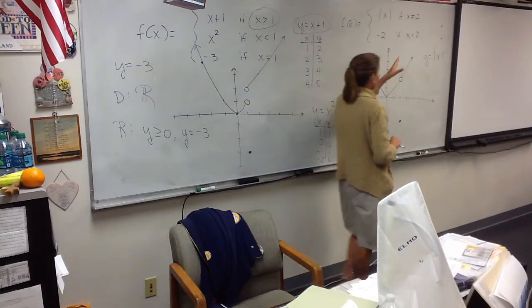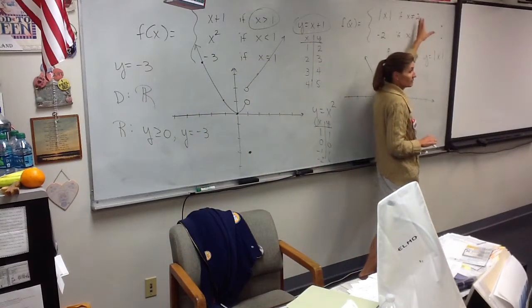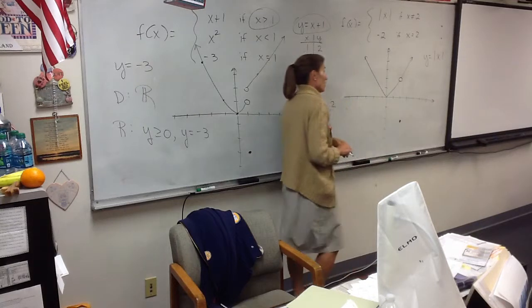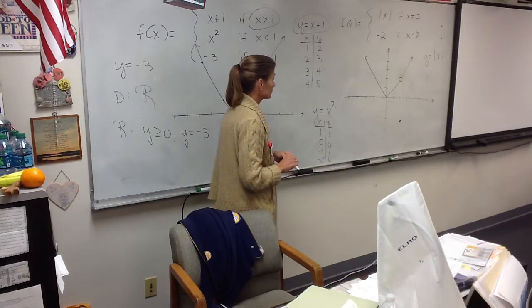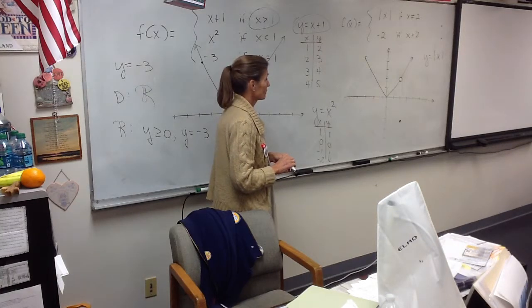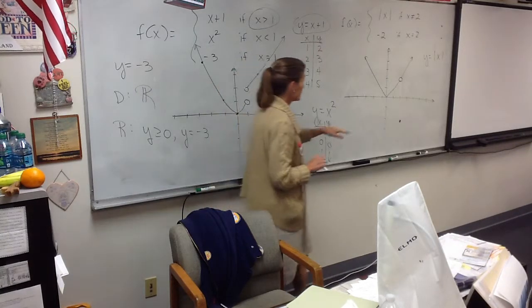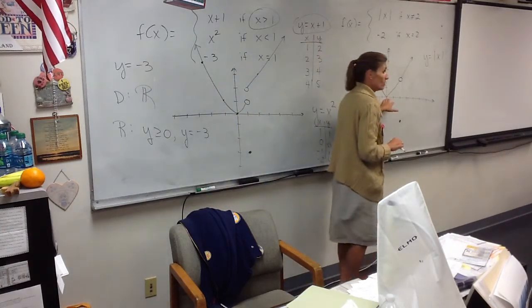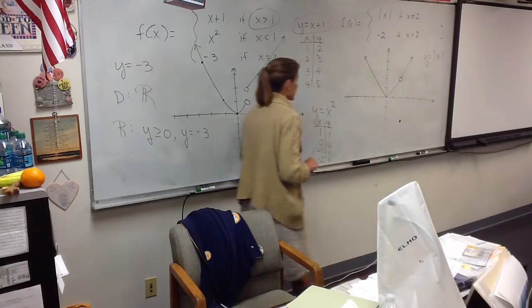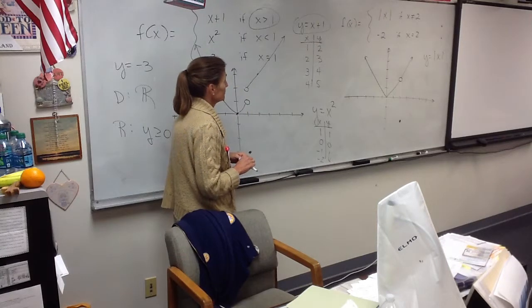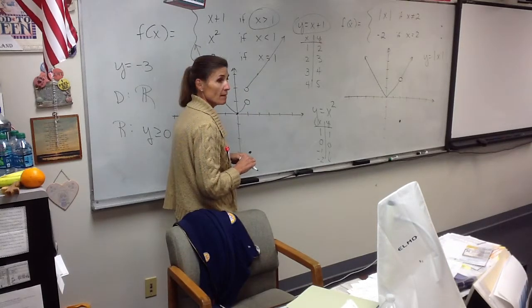Because didn't we cover all the bases here eventually? All real numbers are your domain. What about your range here? Everything greater than or equal to 0 and -2. It's just like this one. Okay, you got that?